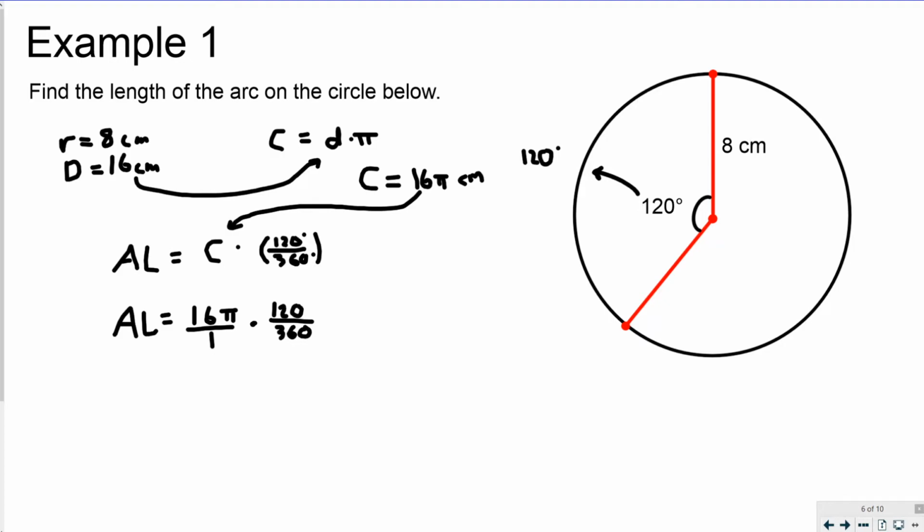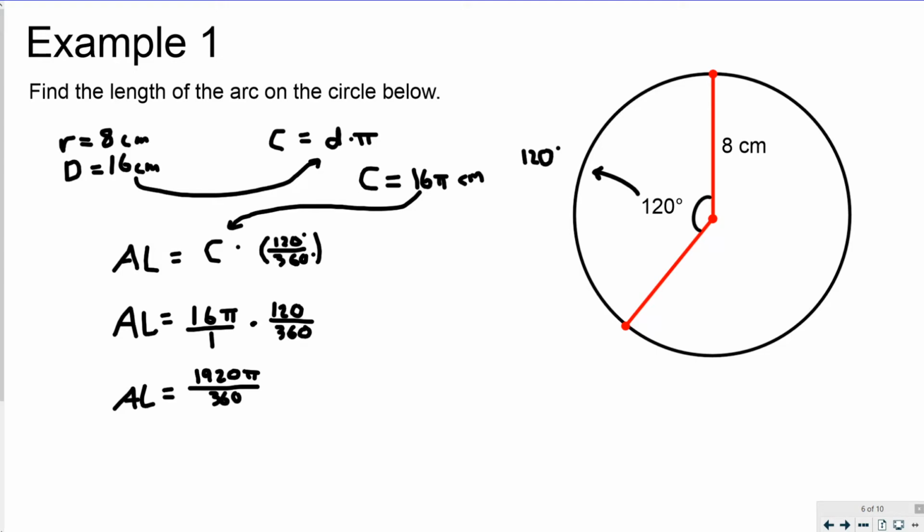Arc length is equal to 1,920, which is 16 times 120. And then I write the pi, because we didn't get rid of it. So it's 1,920 pi divided by the bottom, which is 1 times 360, or 360. Now I'm going to divide 1,920 by 360.